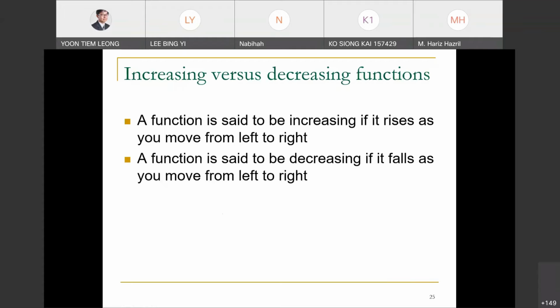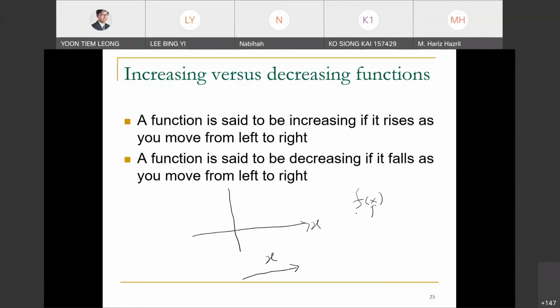Okay, so the next thing we want to talk about is a very simple concept called increasing function and decreasing function. If you have a function, usually you plot the function on the xy axis. Then you make x, the variable, increase from left to right.